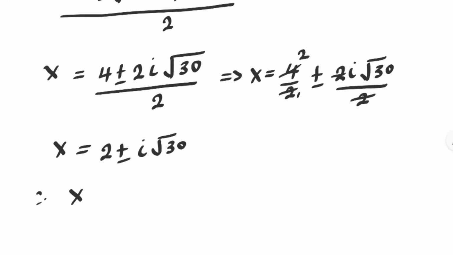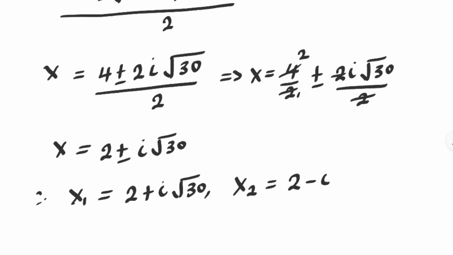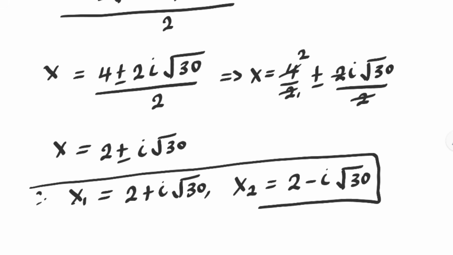Therefore, x1 is equal to 2 plus i square root of 30, and x2 is equal to 2 minus i square root of 30. These are the values of x. We've gotten the values of x.